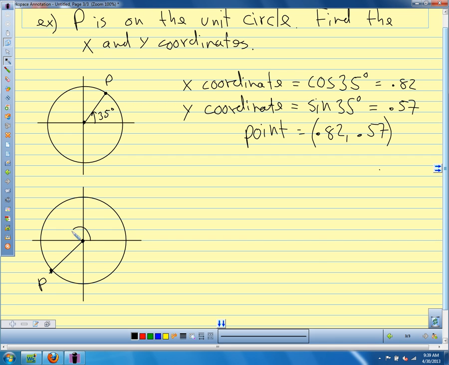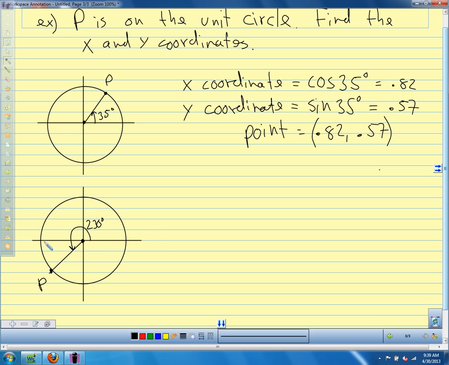And our angle is 230 degrees. So before we even calculate, is our x coordinate going to be positive or negative? I'm going to the left here. So is x positive or negative over here? Negative. So we know we have to get a negative.